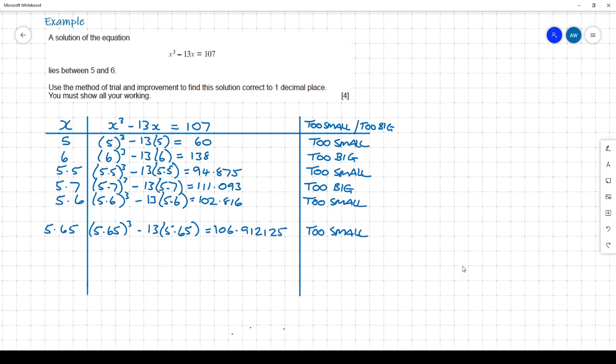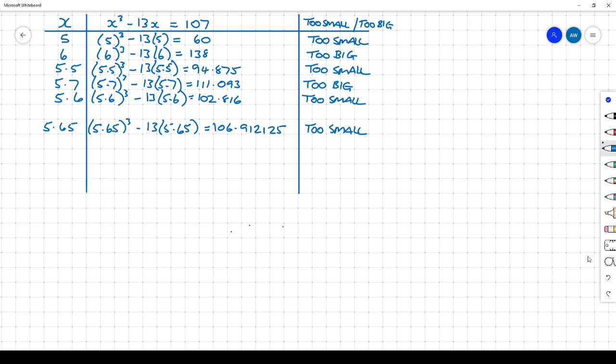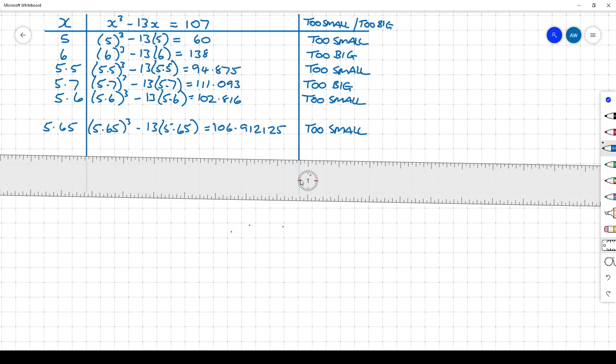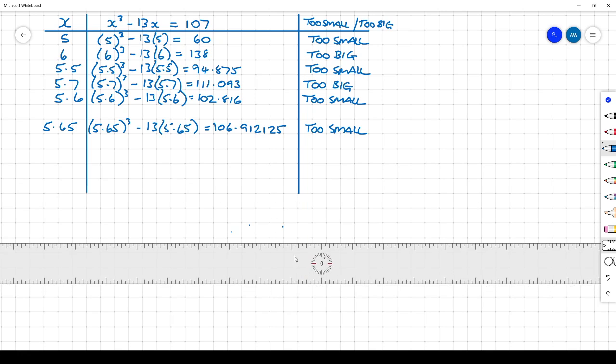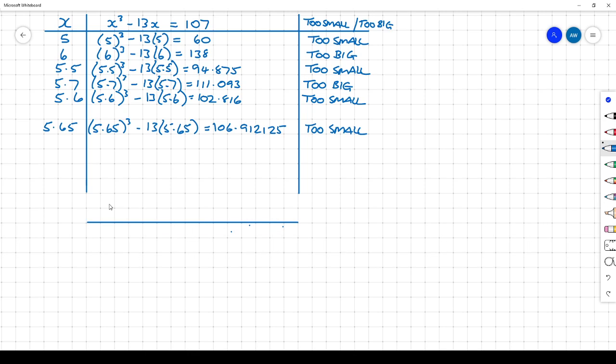Okay, this is what we do now. So we take our ruler and we're going to draw a line down here. Okay, like so. And on this end is 5.6, on this end is 5.7, and in the middle is 5.65.